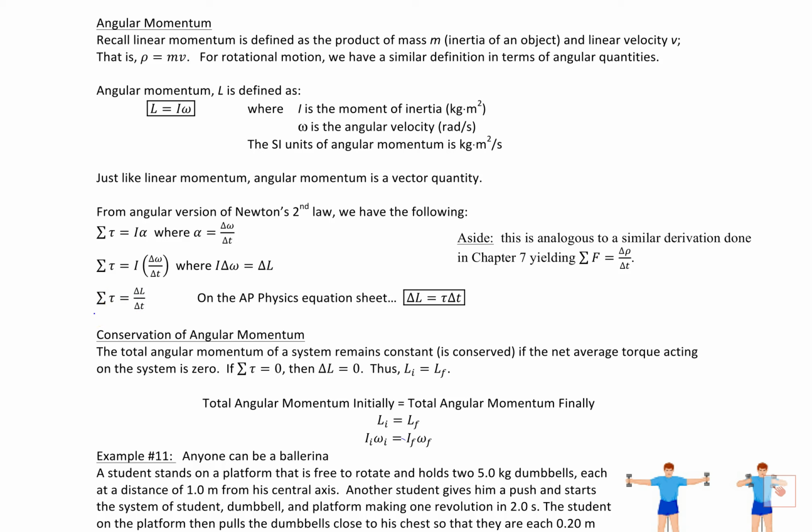And it is. So the net torque is 0, therefore the change in angular momentum is 0, meaning the final momentum minus the initial momentum is 0, so the momentum initially and the momentum finally are equal to each other, as shown down over here.